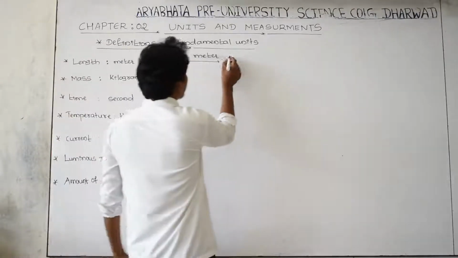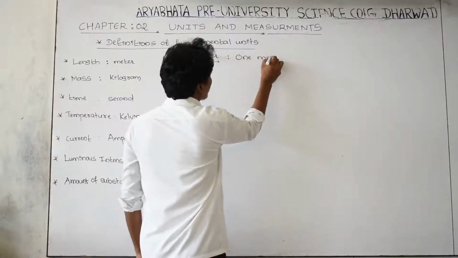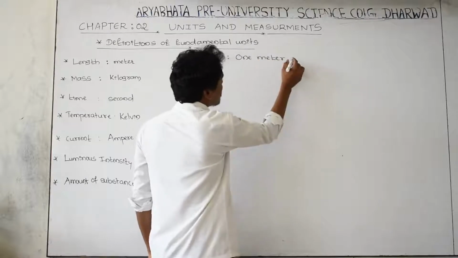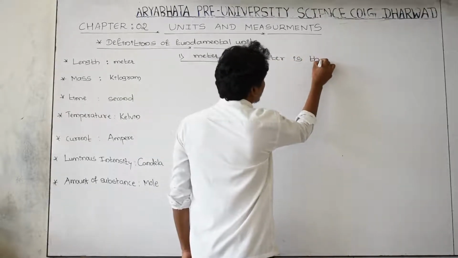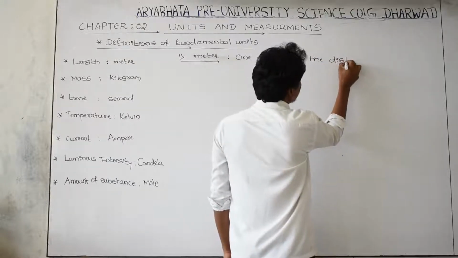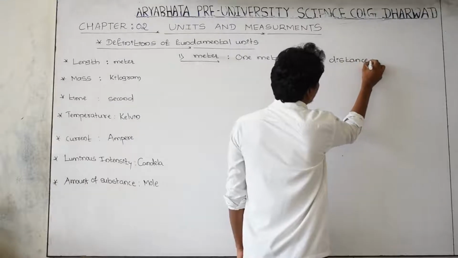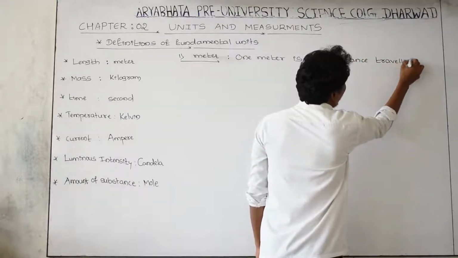What is 1 meter? 1 meter is the distance travelled by light in vacuum.